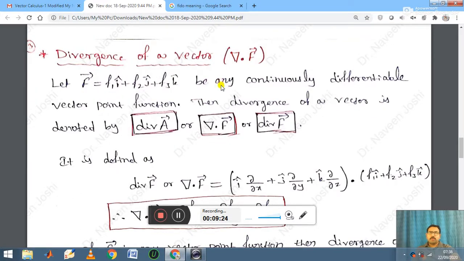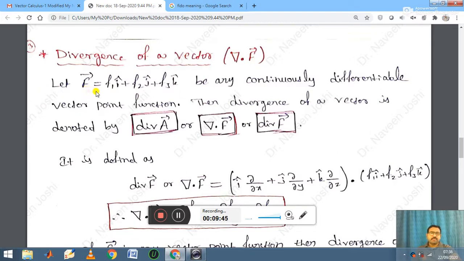Then one more definition: divergence of a vector. Divergence of a vector is denoted by del dot f bar, where f bar represents a vector point function. You are taking the dot product between the differential operator del and the vector point function f. That's it. Let's see the definition.